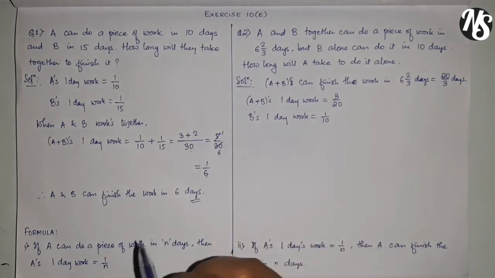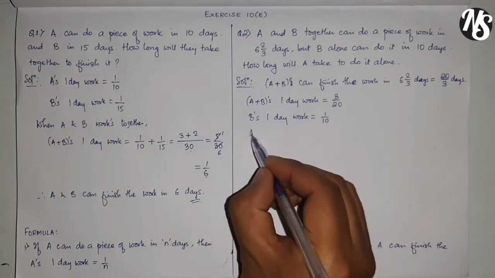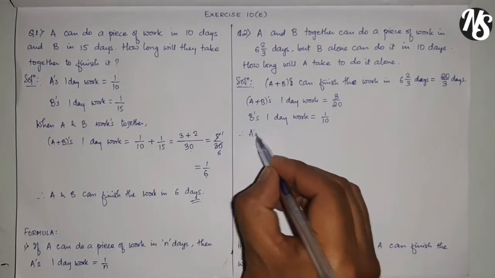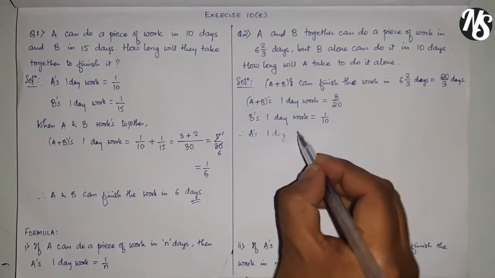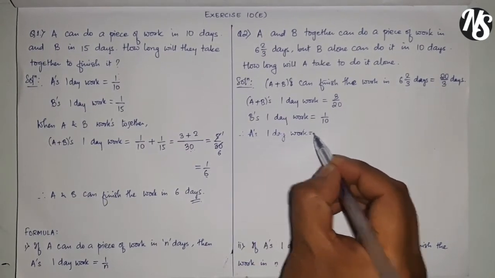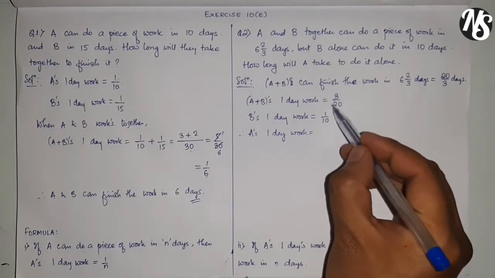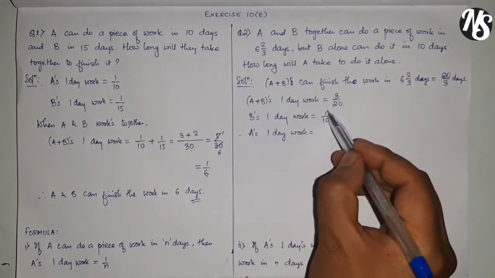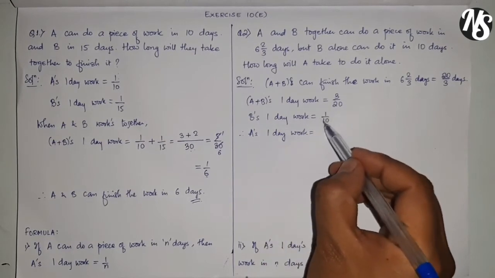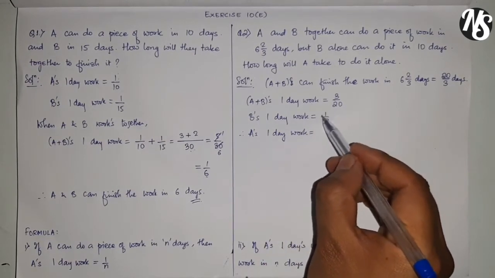Now, if I ask you what will be A's 1 day work? What you need to do? If they work together, they can finish this much. If B works alone, he can finish this much part.